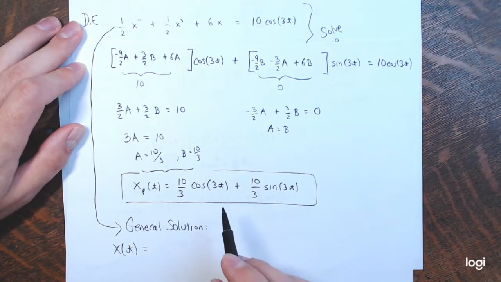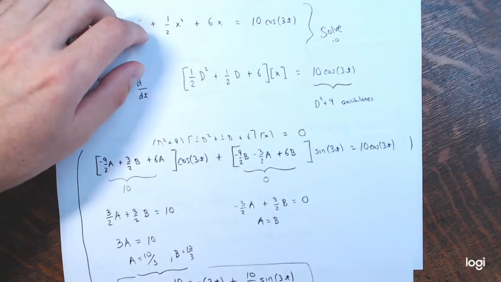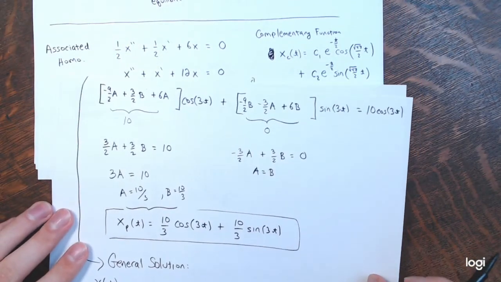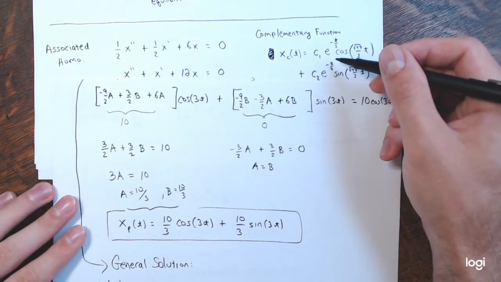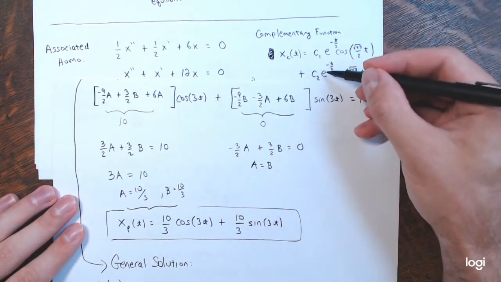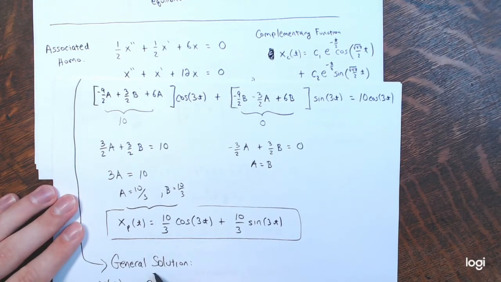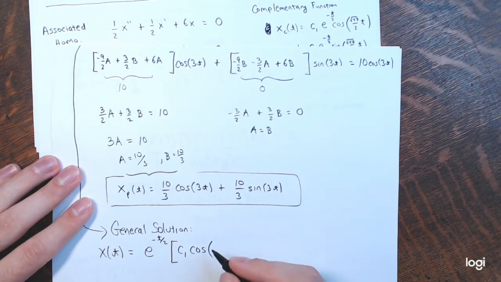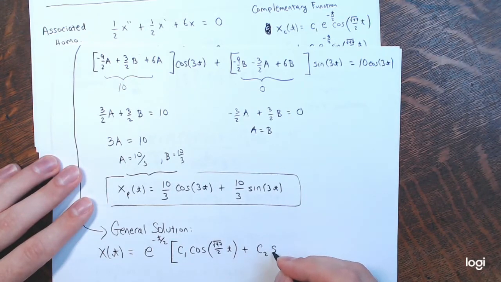So the complementary function we had was this here. I'll pull out e to the negative half t. So e to the negative half t times the quantity, some constant c1 times the cosine of the square root of 47 over 2 times t plus some constant c2 times the sine of the square root of 47 over 2 times t.